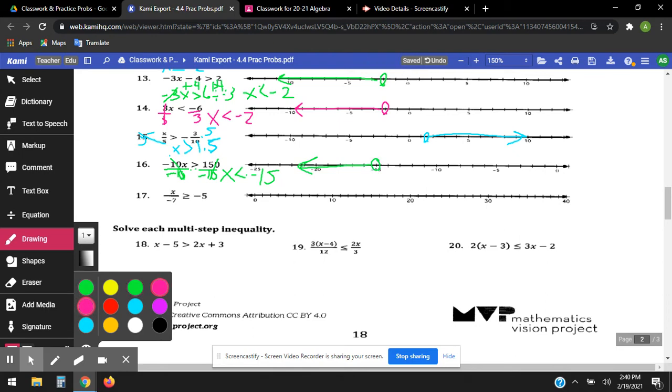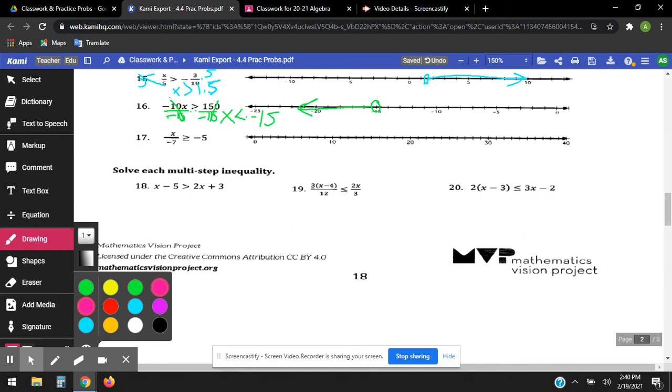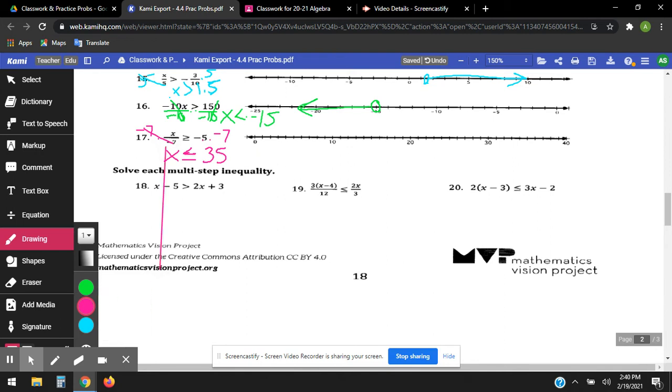And last one of these. I have a divide by negative 7, so I need to times by negative 7. And if it's a negative, I need to switch this symbol. So negative times a negative is a positive 35. So just to make sure, what's a number that's smaller than 35 but divisible by 7? Let's do 28. So I'm going to do 28 divided by negative 7.